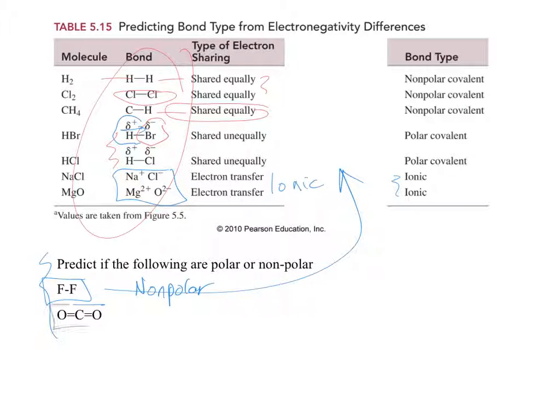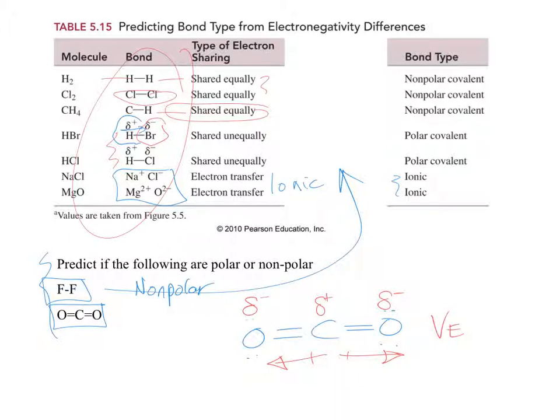But what about my CO2? If I were to draw the full Lewis structure, we actually have two polar bonds, with the dipole, or the arrow, pointed in the direction of the stronger element. Or another way to represent this is with the partially negative, partially positive signs. But I have equal and opposite pull.